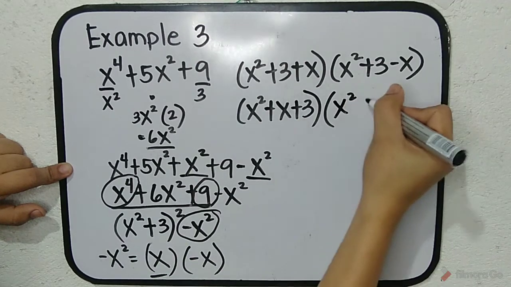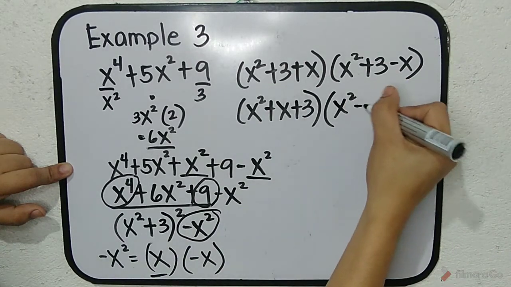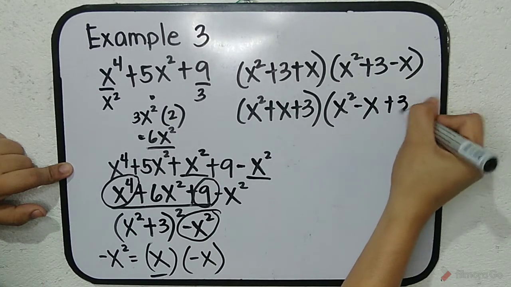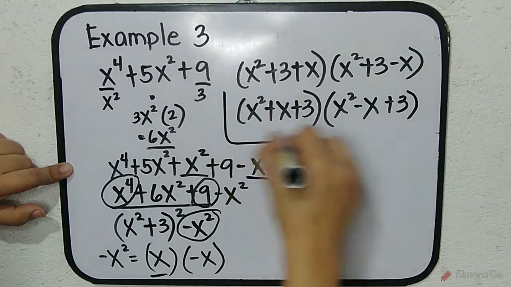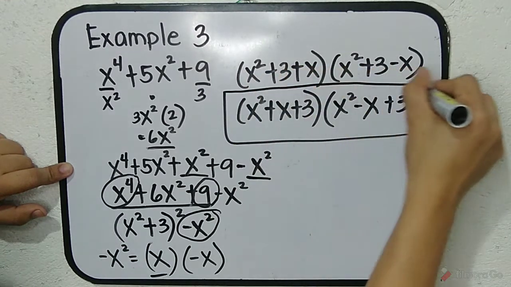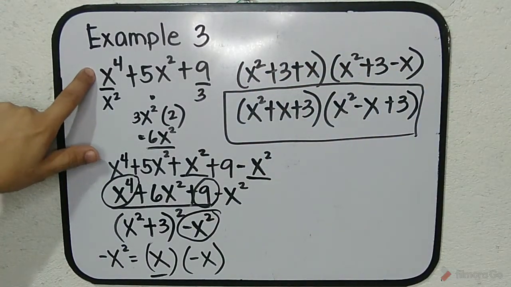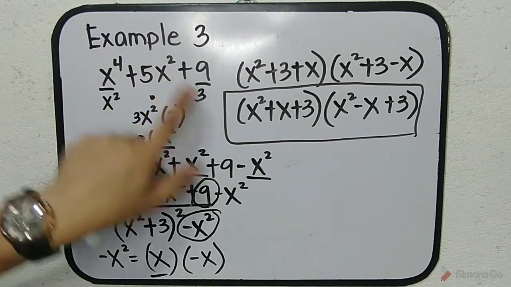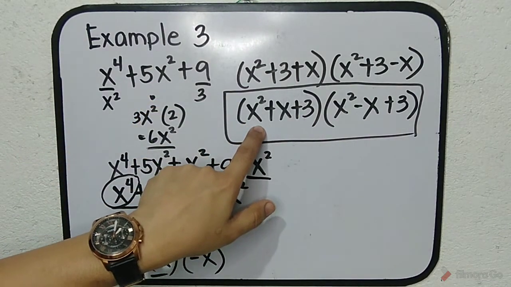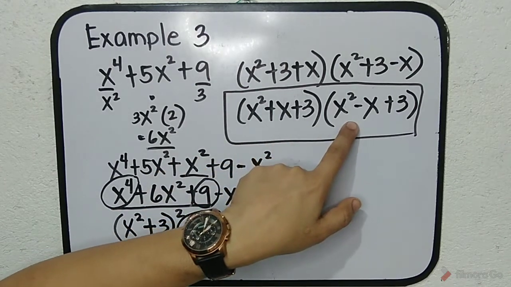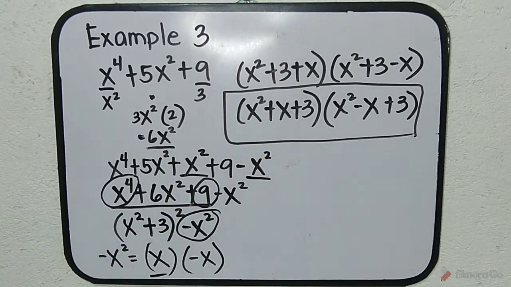X squared, nauna yung minus x, plus 3. So, meaning, ang factor ng given natin na x to the fourth plus 5x squared plus 9 ay quantity x squared plus x plus 3 times the quantity x squared minus x plus 3 using the completing the square.